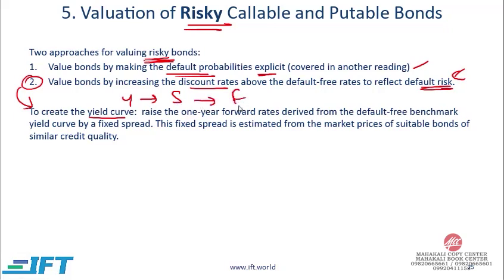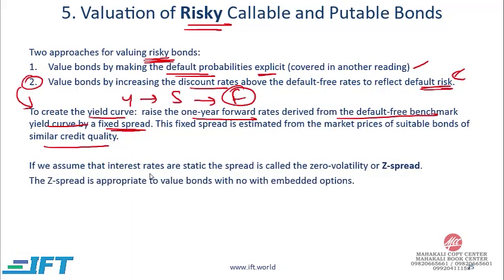So everything that we've talked about so far, the forward rates, for example, are for government bonds where there is no default risk. What we now have to do for risky bonds is to raise the 1-year forward rates derived from the default free benchmark yield curve by a fixed spread. This fixed spread is estimated from the market prices of suitable bonds of similar credit quality.